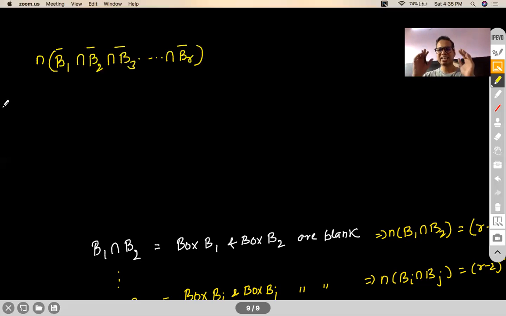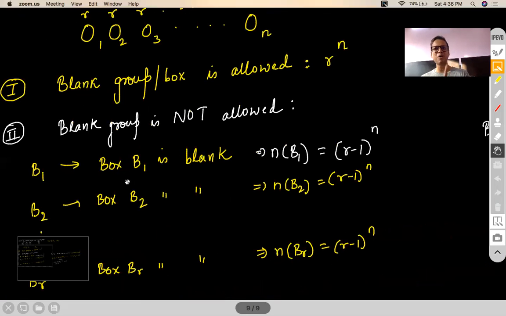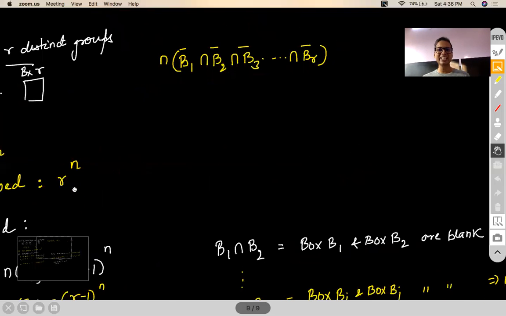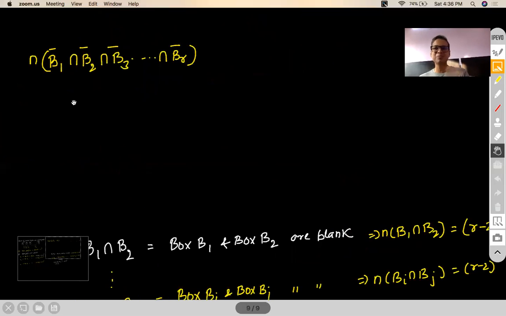Basically, I need the cardinal number of the intersection of the complements of these sets. Earlier I started with B1 as the event where box B1 is blank, B2 is the event that box B2 is blank, B3 is the event that box B3 is blank, and so on. But actually, what do I need? I need those cases where these boxes are not blank. So I need the complement of these cases.